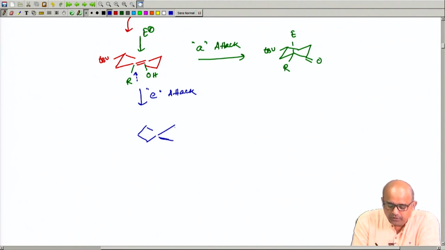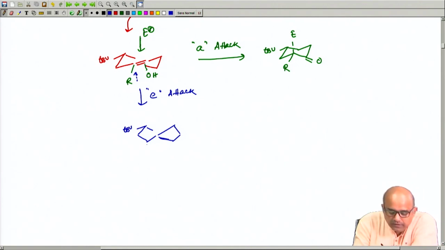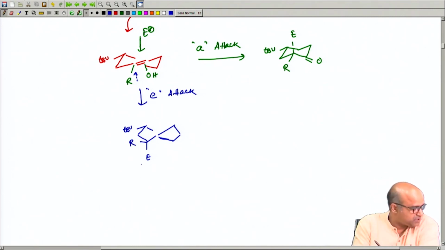Here the tert-butyl is pseudo equatorial in the twist boat, because now you see the electrophile is here and your R is here. So, tert-butyl and electrophile are cis in nature, okay, and your ketone is here.